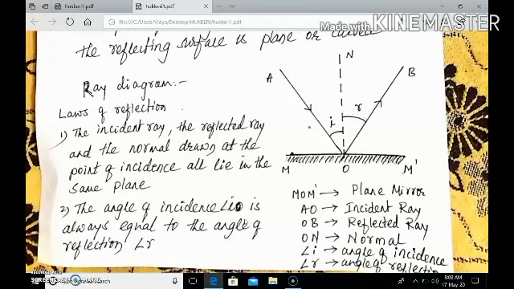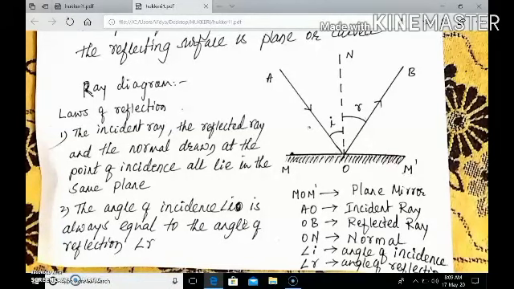If you move towards the mirror, the image also moves towards the mirror. If the object moves towards the mirror with some speed, the image also moves towards the mirror with the same speed. These are the various properties of images formed in the plane mirror.